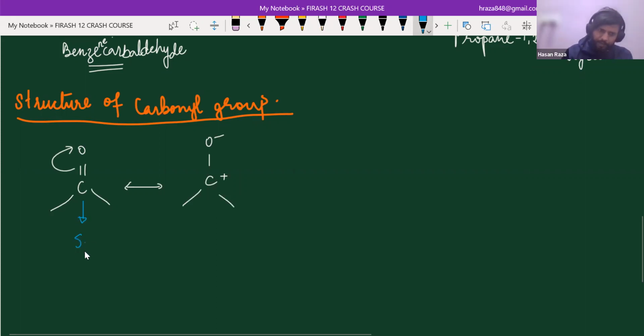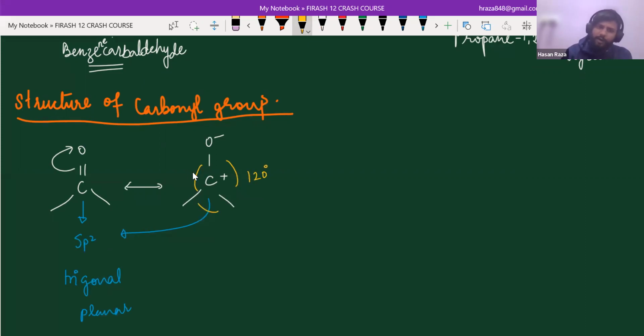Here the hybridization is sp2, that means trigonal planar, and again this will have the same hybridization sp2, and in sp2 the bond angle will be basically 120 degree. You know that, right? From class 11, 120 degree it will be. This is also 120 degree. The compound will be trigonal planar.